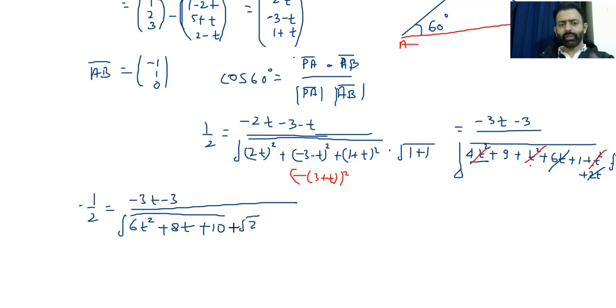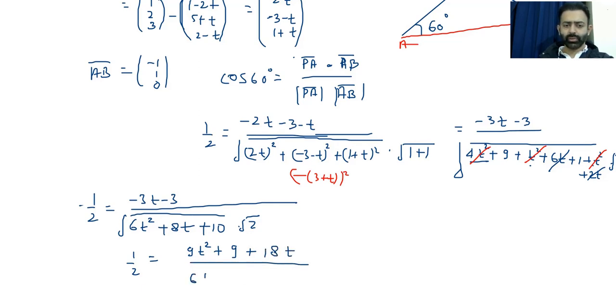Now squaring both sides, you will get 1 by 4 is equal to the square of the numerator over 6t square plus 8t plus 10, and the 2 can be transferred to the LHS, so 2 by 4 becomes 1 by 2. The numerator squared becomes 9t square plus 9 plus 3 into 3 is 9 into 2 is 18t.